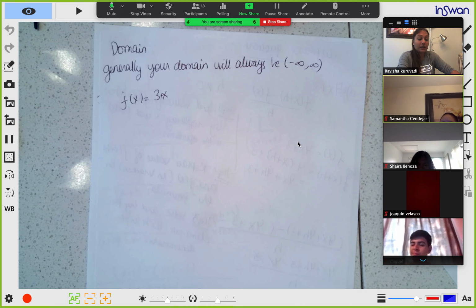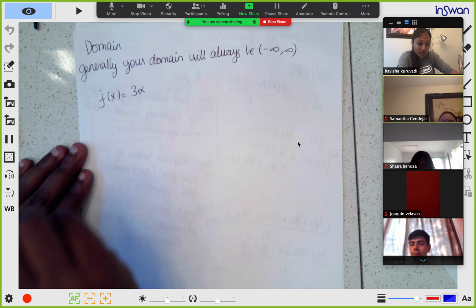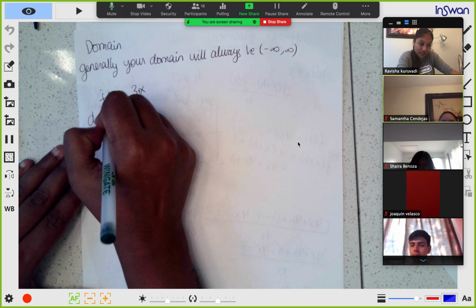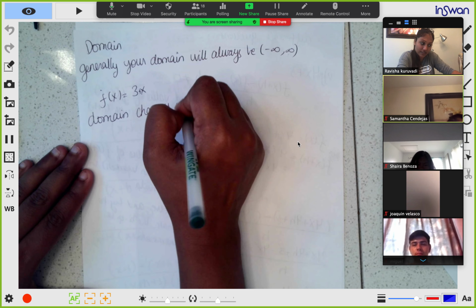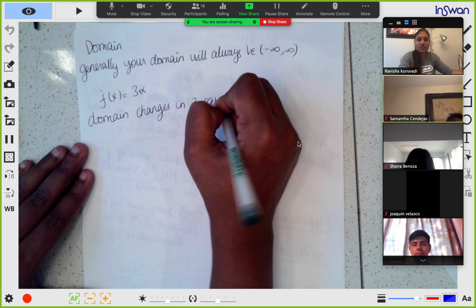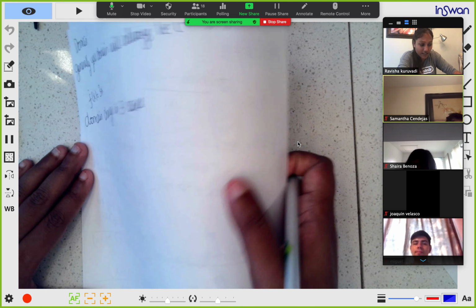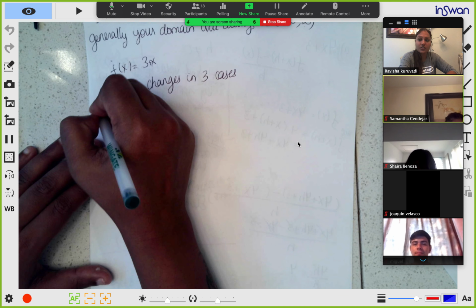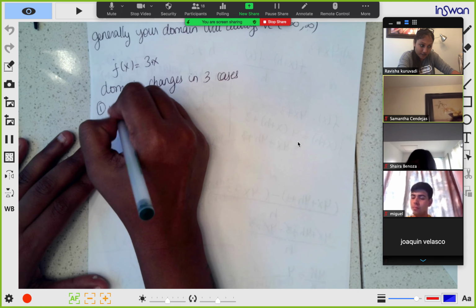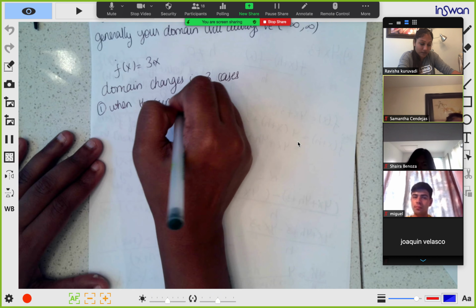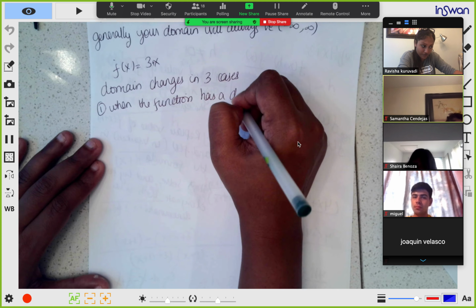Okay, but generally the domain will be this, but domain changes in 3 cases. First, when the function has a denominator.